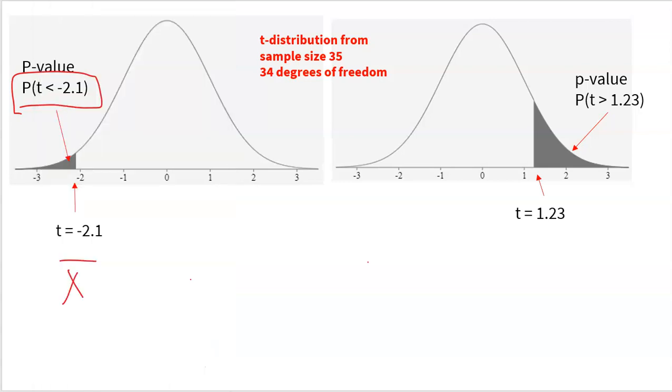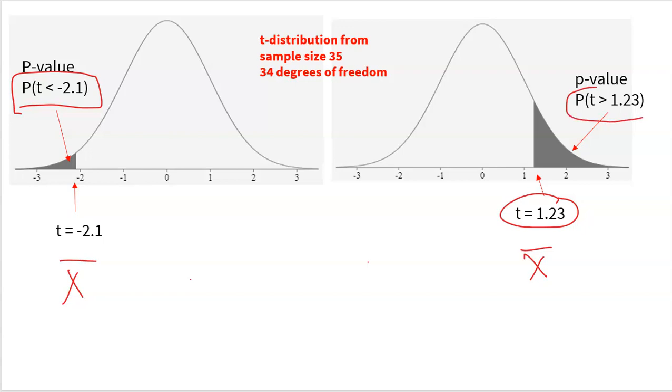All right, let's look at this example over here on the right-hand side. Here we have a t-score of 1.23. You can clearly tell that's not really that high. Obviously that came from a mean; again, you can't get a t-score unless you calculate it based on the formula I showed you earlier. Then you find the p-value, the probability that a sample mean is more extreme than ours, which would be anything above ours because we're already on the positive side.